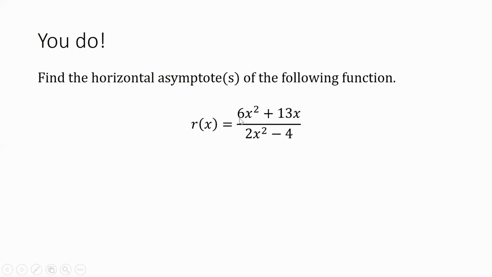The same thing was true here. The limit of r of x as x approached infinity was 3. We have polynomial divided by polynomial of the same degree. And if we look at the ratio of the coefficients, we get 6/2, which is 3.